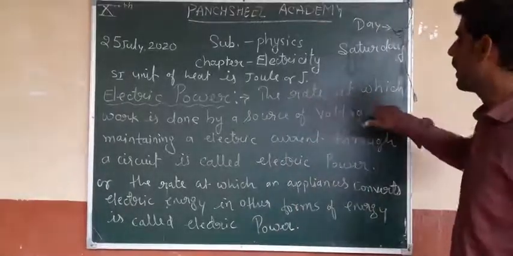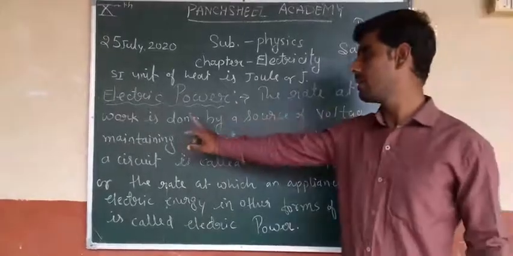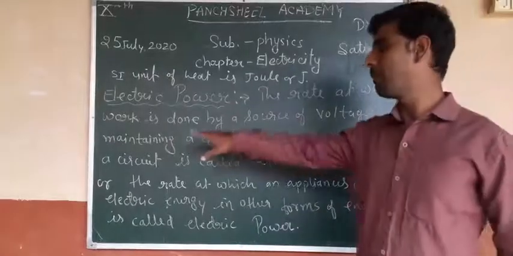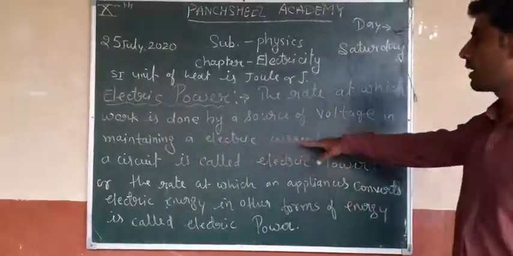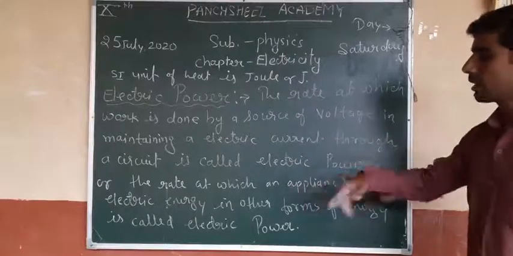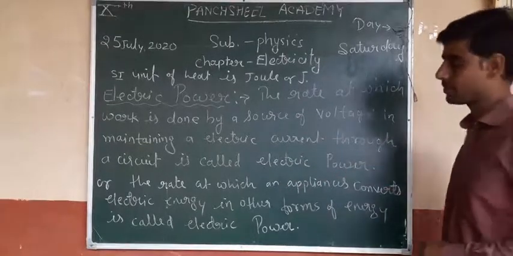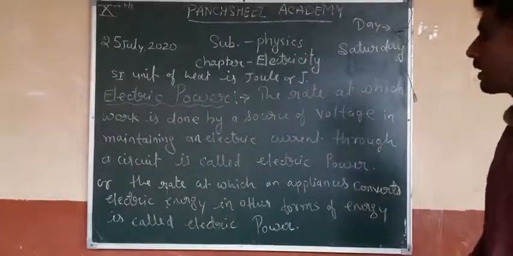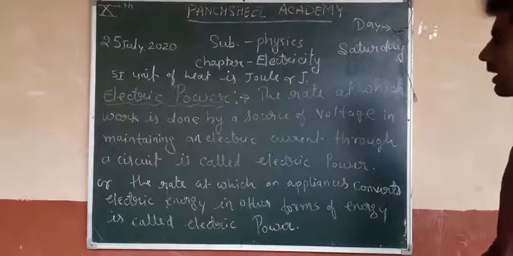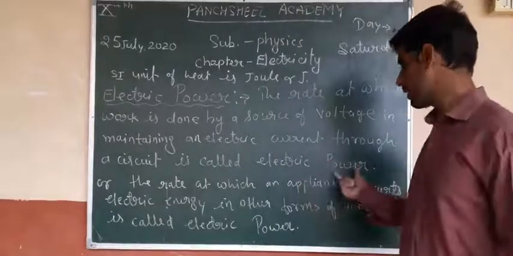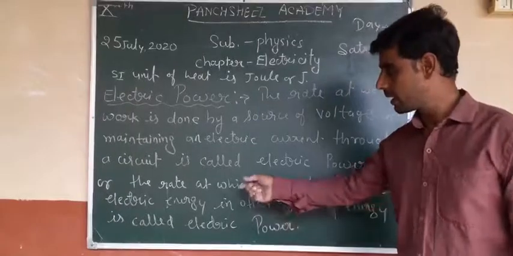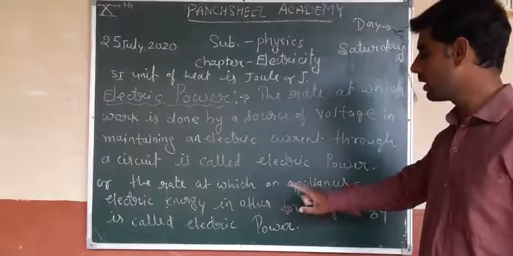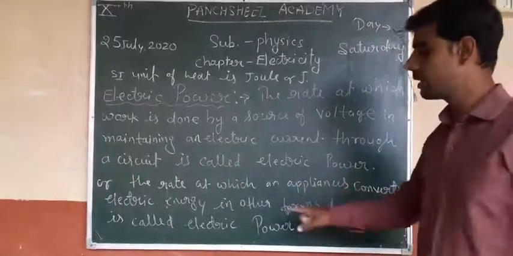The rate at which work is done by a source of voltage in maintaining an electric current through a circuit is called electric power, or simply the rate at which an appliance converts electric energy into other forms of energy is called electric power.